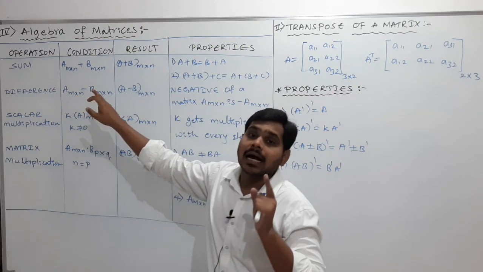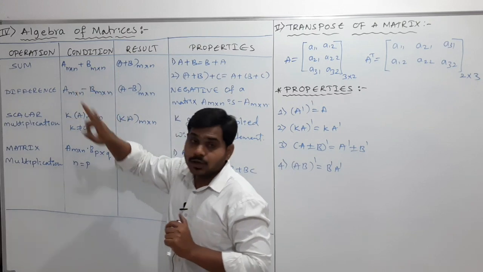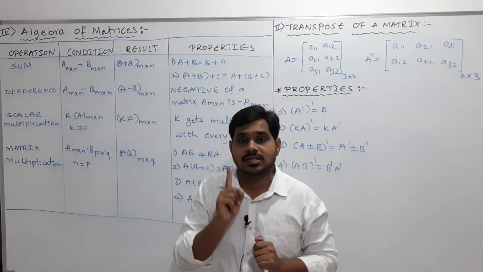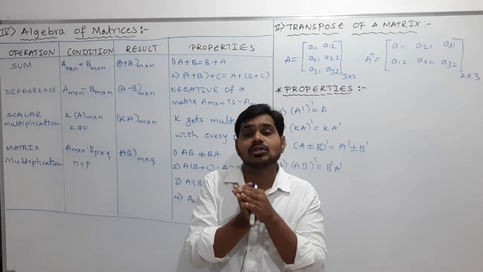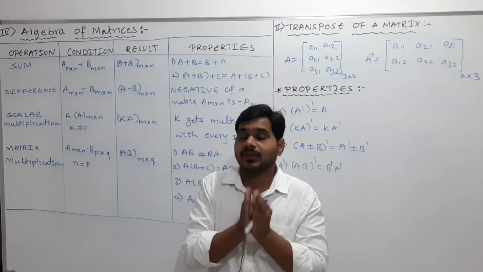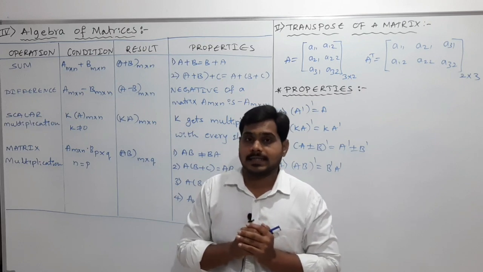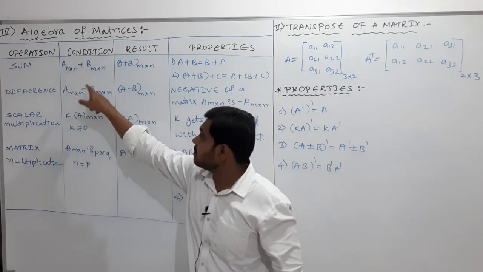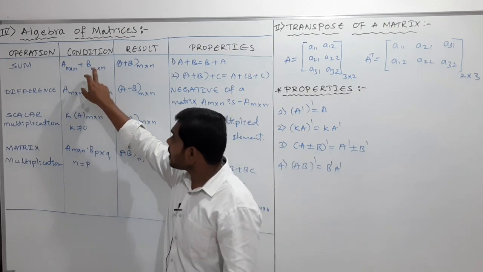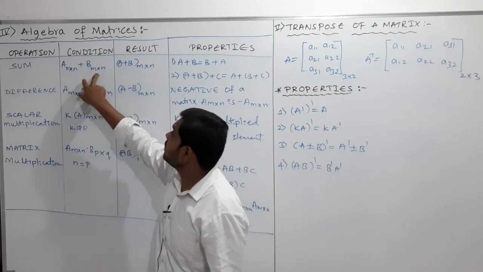So what I told you is that we can add any two matrices. Addition is possible only if the order of both matrices is the same, then only we can add the two matrices. Clear? So therefore I wrote A is of the order m cross n and B is also of the order m cross n, then only we can add.